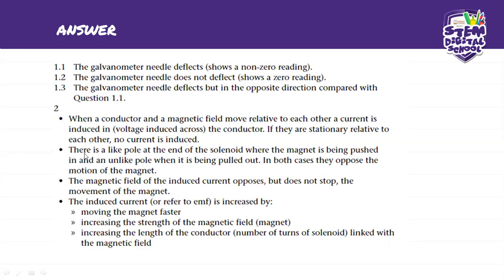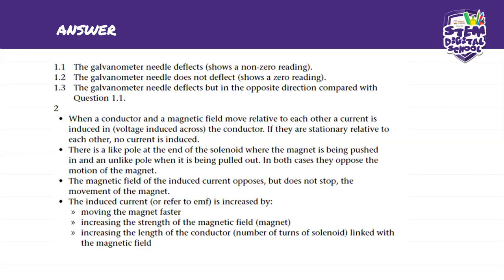So this is what is explained: there's a like pole at the end of the solenoid where the magnet is being pushed in, and an unlike pole where it's being pulled out. In both cases they oppose the motion of the magnet. So they cut through the magnetic field.